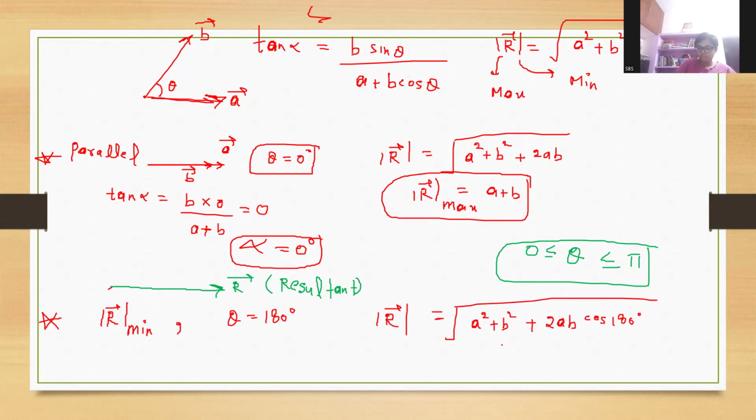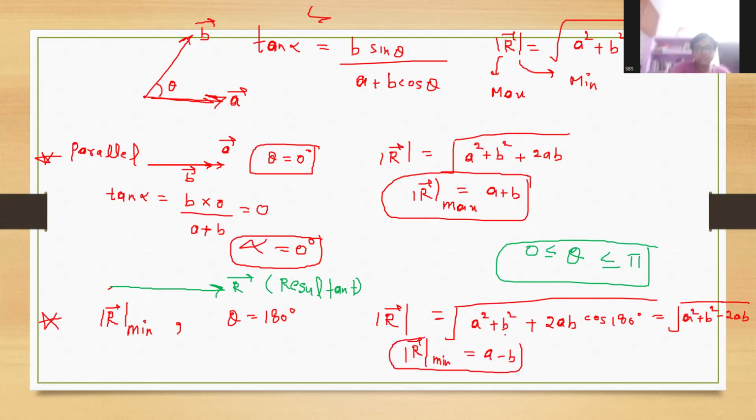Clear? And cos 180 is -1. So inside, what will be? Under root A square plus B square minus 2AB. Clear? So this mod R, its minimum value, if you open this, will be A minus B.